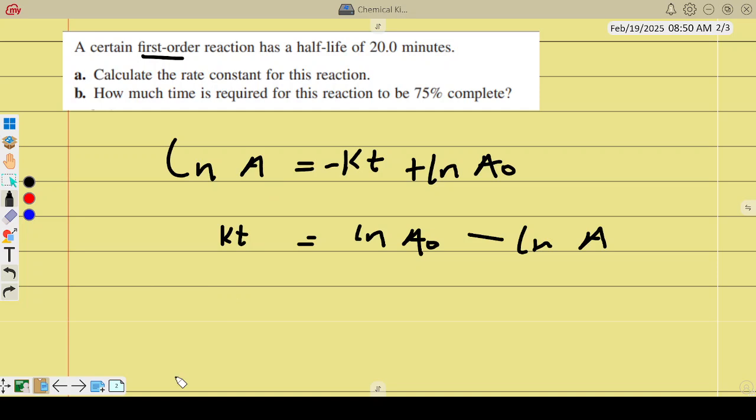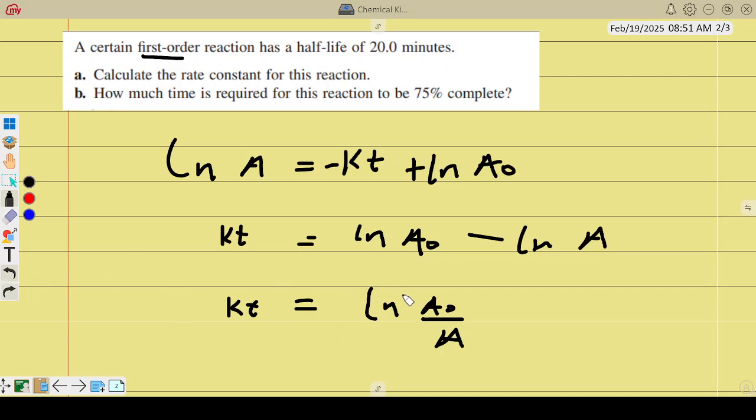You can see that it's more mathematical; you just have to manipulate these variables. So kt would be equal to ln A naught over A. When logarithms are subtracting, it means they can be divided.